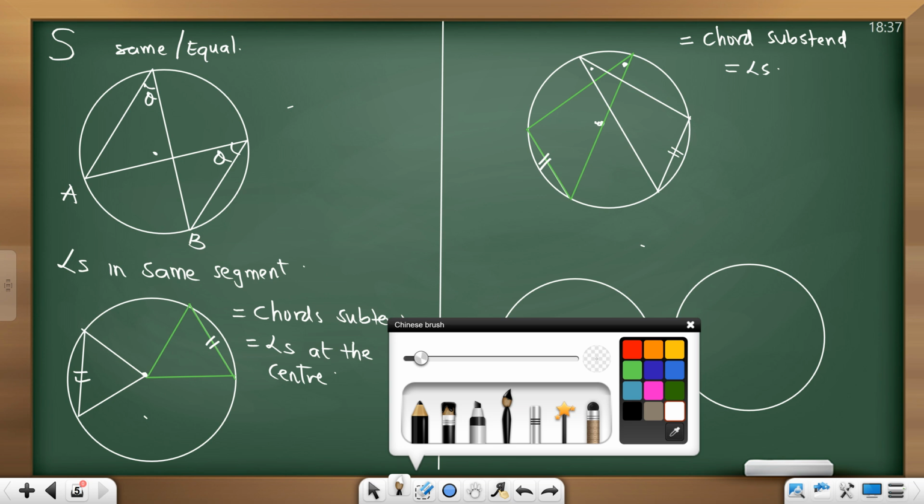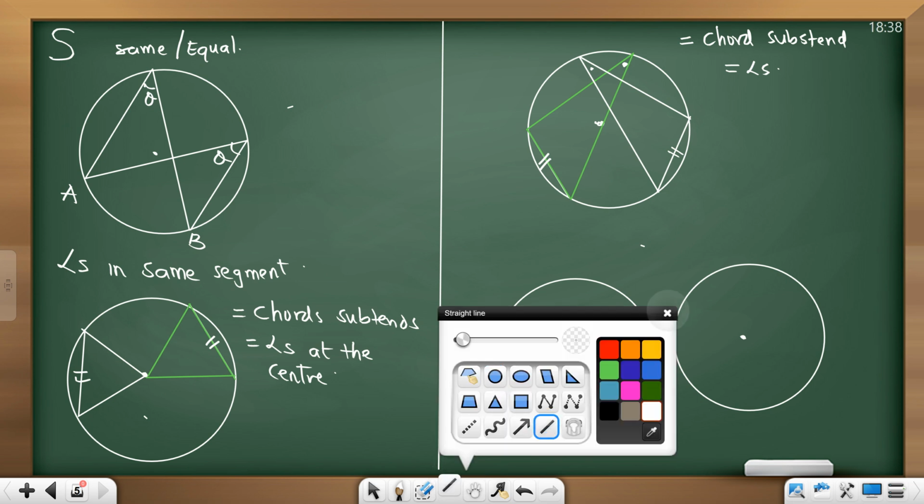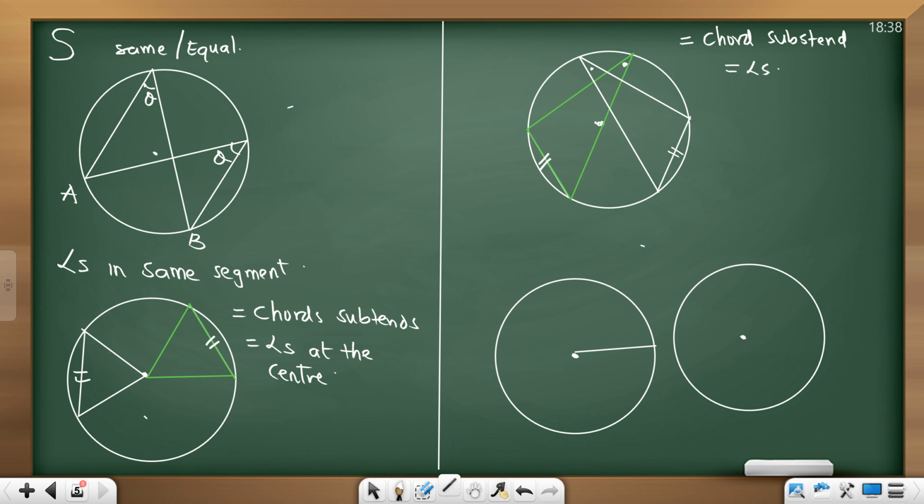The last one would involve two circles. But the question is, how do I say circles are equal? When would circles be equal? When they have the same radius.